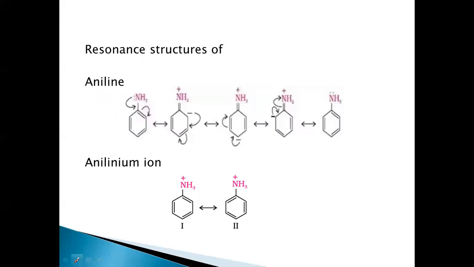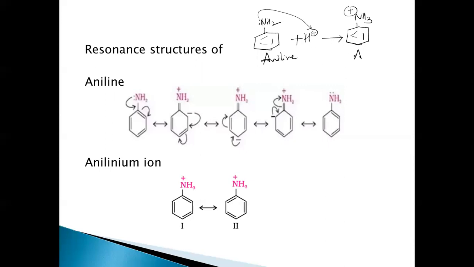So let's look at the resonance structures again, comparing with the anilinium ion. Because of the presence of the lone pair of electrons on the nitrogen, it can donate this lone pair to the acid, that means H plus, resulting in the formation of the anilinium ion. This is the anilinium ion. When we look at the stability of both aniline and anilinium ion, it can be explained based on the resonance structures again.